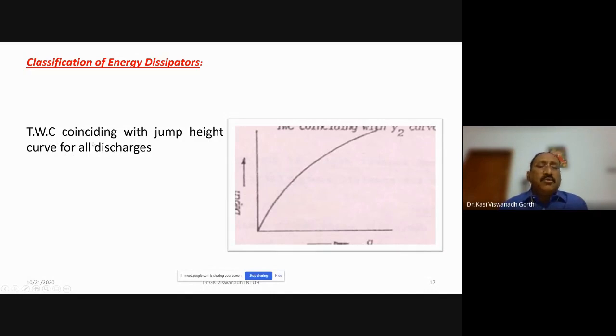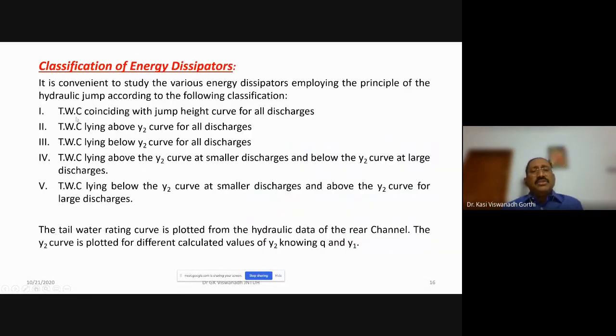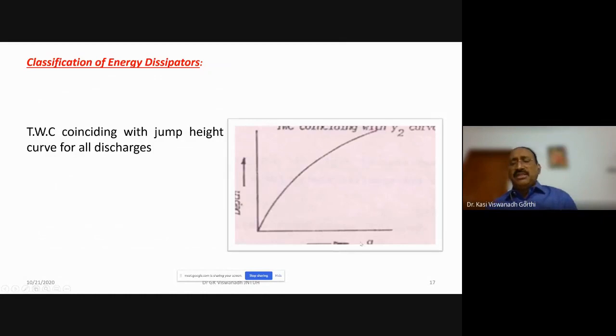So the first case is TWC coinciding with the jump height curve for all the discharges. In respect to the value of the discharge, you have one curve for y2 and another curve for the tailwater rating curve, TWC. Both are coinciding, overlapping one over the other.